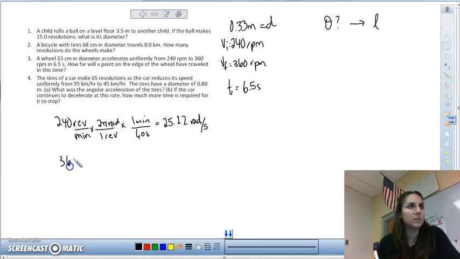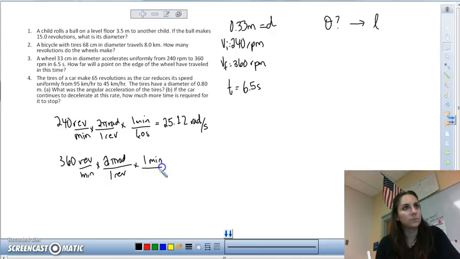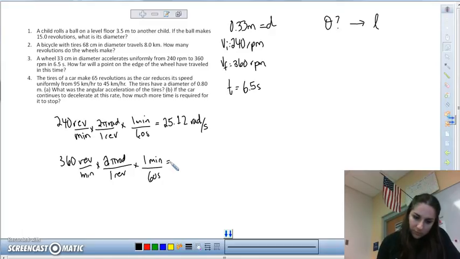And the 360 is going to be the same conversion. So 360 times 2 times pi divided by 60.